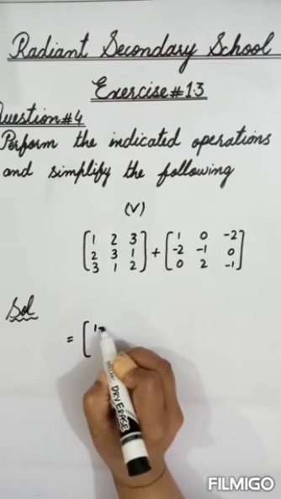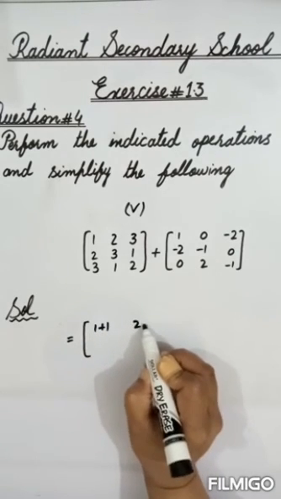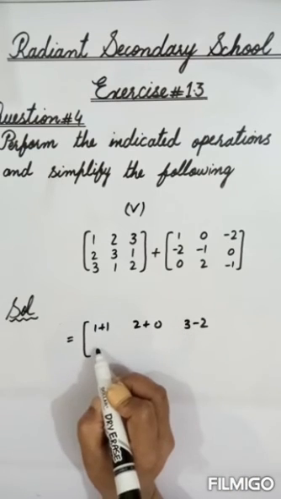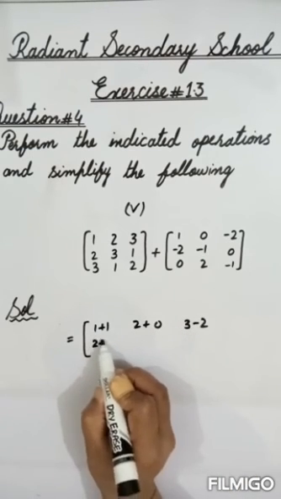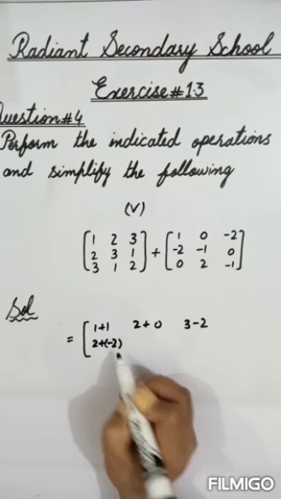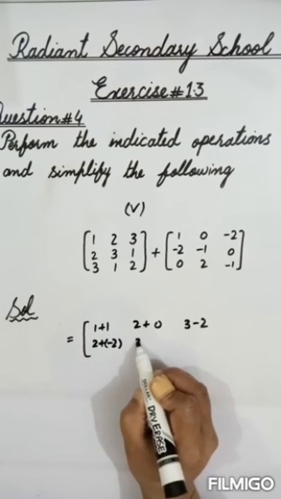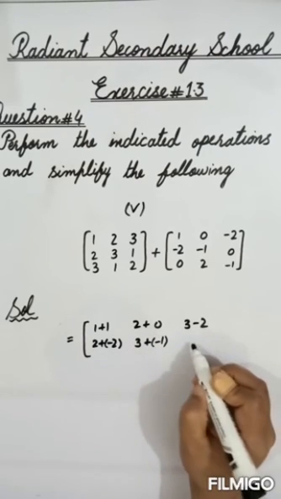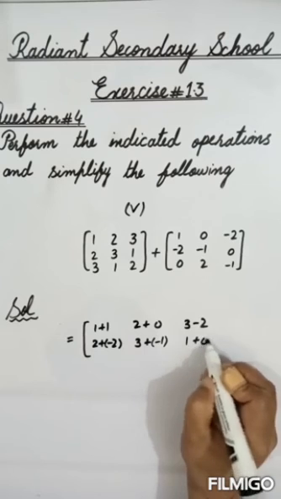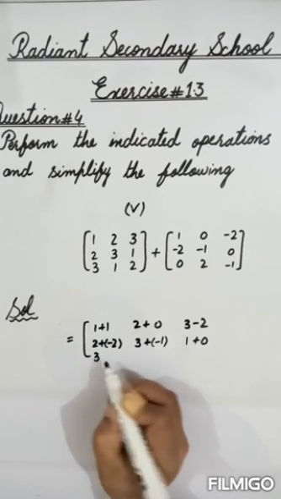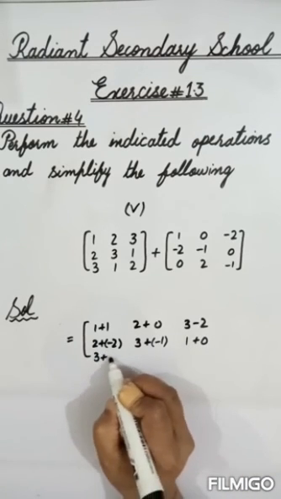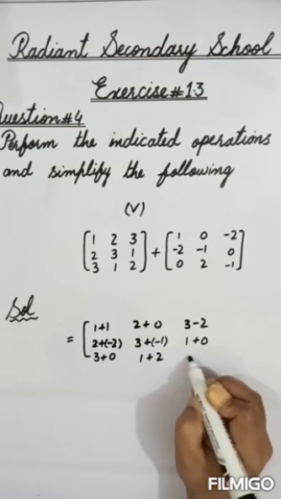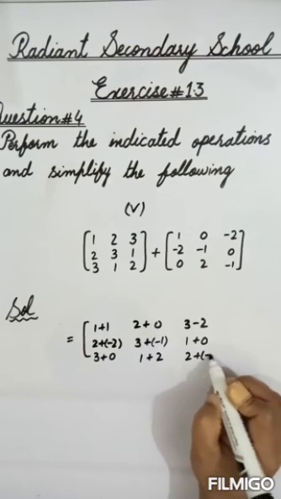How? 1 plus 1, 2 plus 0, 3 minus 2, 2 plus minus 2, then 3 plus minus 1, 1 plus 0, then 3 plus 0, 1 plus 2 and 2 plus minus 1.